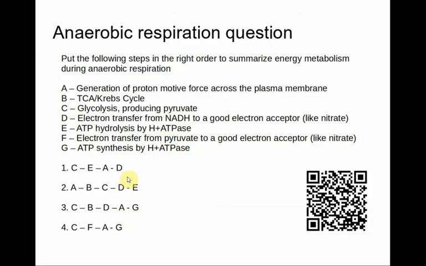Okay, now this is kind of a difficult concept, and since you haven't done respiration and the Krebs cycle before, I think it's worth spending a little bit of time understanding the process. So think about this and try to put the different steps in the right order.